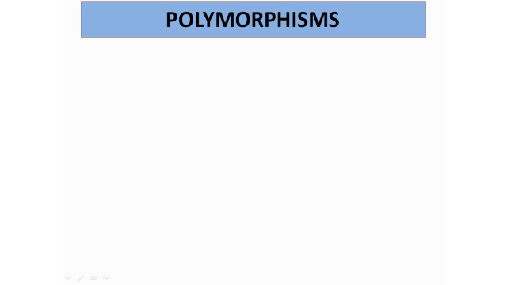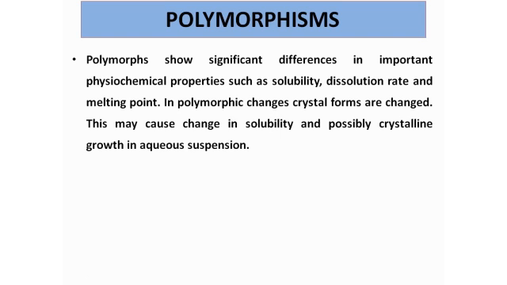As discussed earlier, there are different types of reactions which affect the stability of the drug. First of all, let's discuss polymorphism. What is polymorphism? Polymorphism means a molecule or a compound has the tendency to exist in more than one configuration. Polymorphs show significant differences, and this is very important.